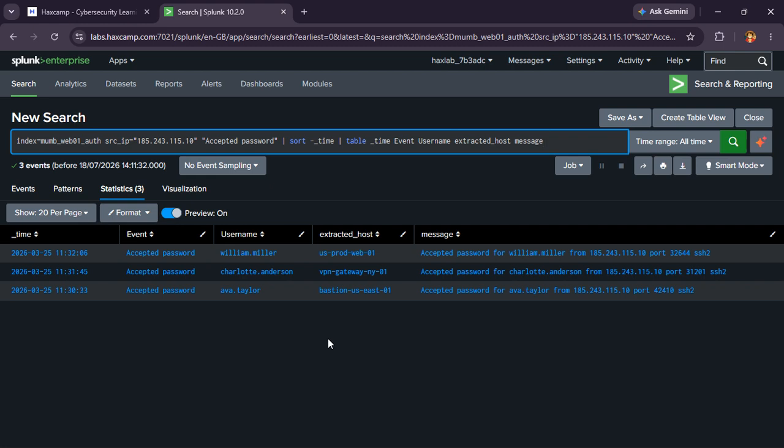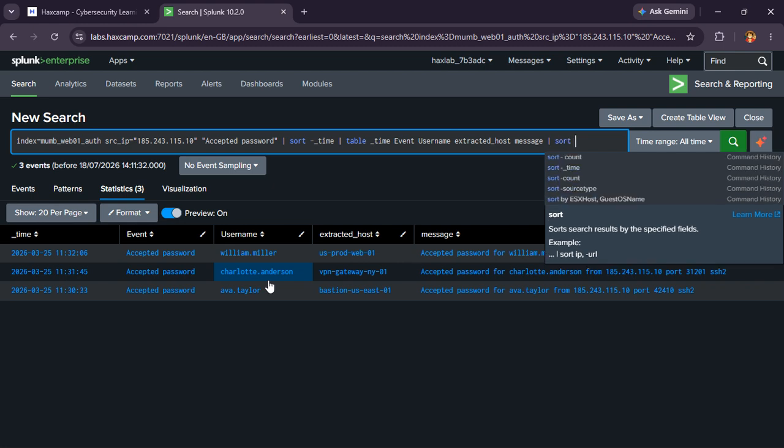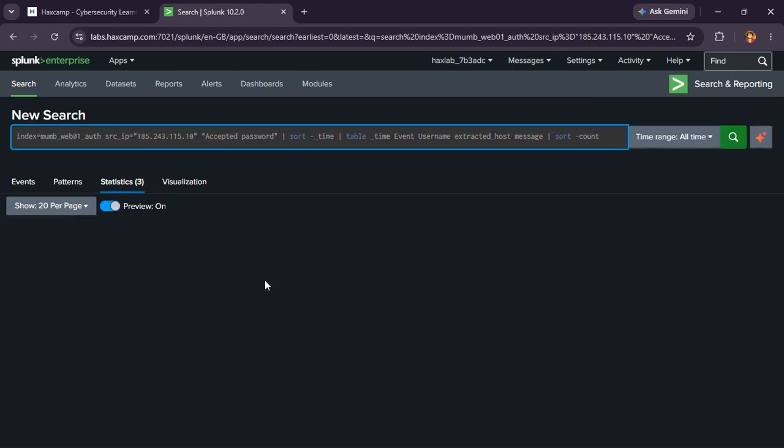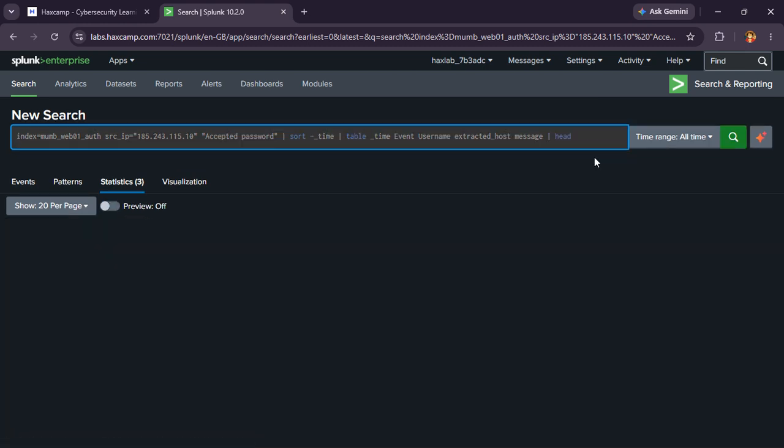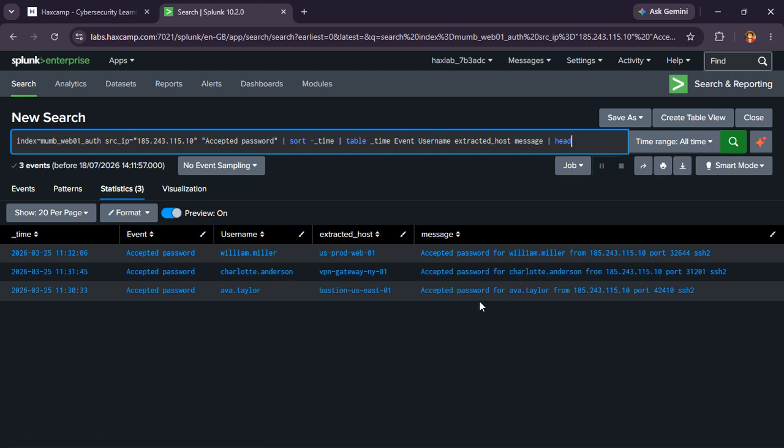It means sort. Sort means the recent. We can also know from here by looking at the time: 11:30, 11:31, 11:32.